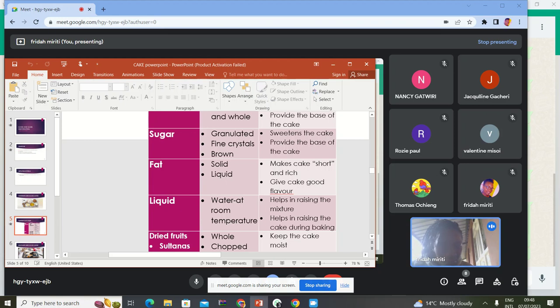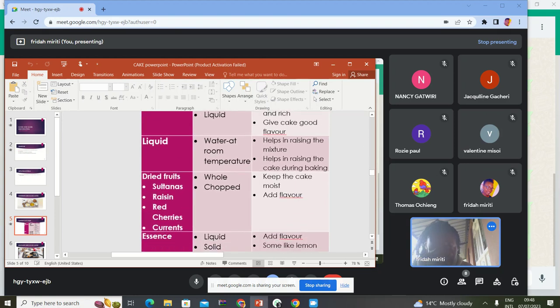We have liquid. Who can tell us the liquids that we use when cake making? We have milk, water. Yes, Rose, we have milk. What else? Yes, we have water. The water and milk help in raising the cake during baking. We have the dried fruits.